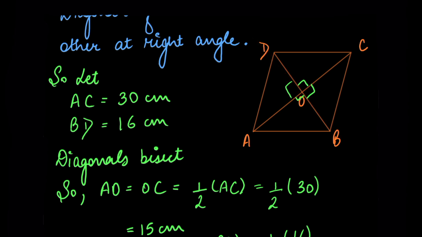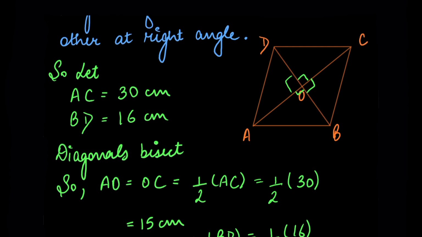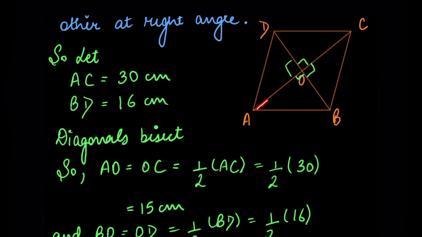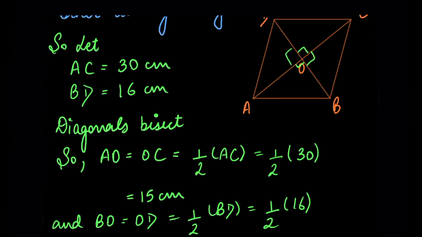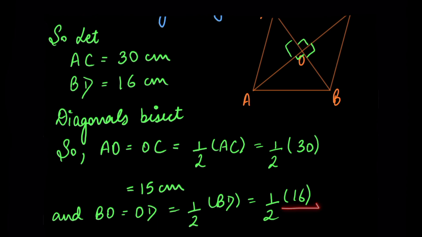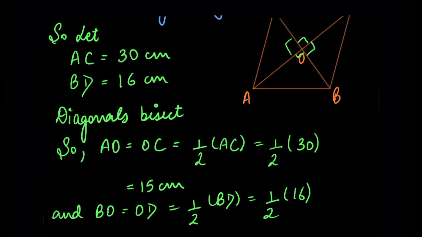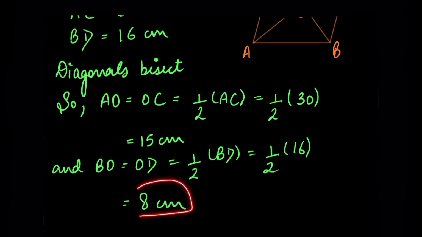So AO is equal to OC and BO is equal to OD. AC is 30 centimeters, so AO will be half of AC, that is 15 centimeters. Same goes for BD. BD is 16 centimeters and so OB will be half of BD, that is 8 centimeters.